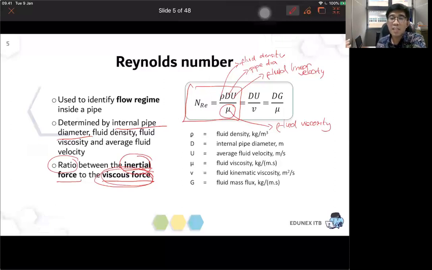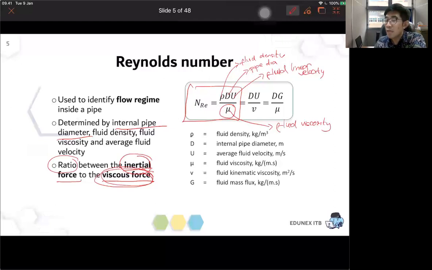Kalau gaya inersianya jauh lebih rendah daripada gaya viskosnya, then the fluid will be difficult to flow. Ya, jadi kalau gaya yang menahan itu lebih signifikan daripada gaya yang menggerakkan, maka alirannya akan lebih tertahan.